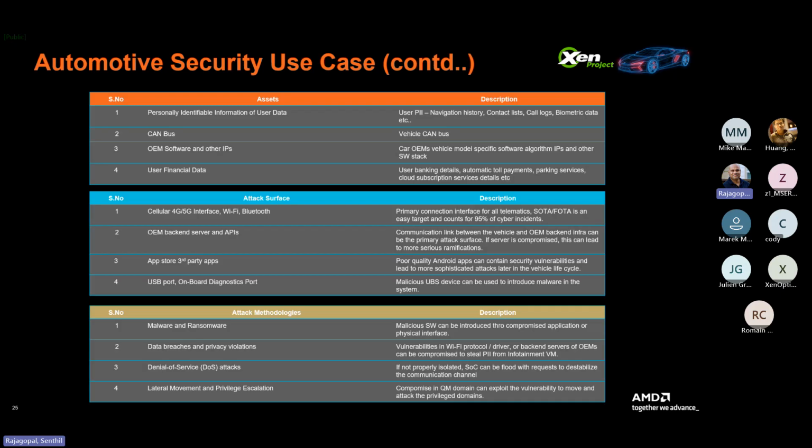If you just Google recent automotive or car hacking or security breaches, you will get a lot of information about these things. We need to define an attack surface, then attack methodologies. The risk is growing in automotive and industrial systems.